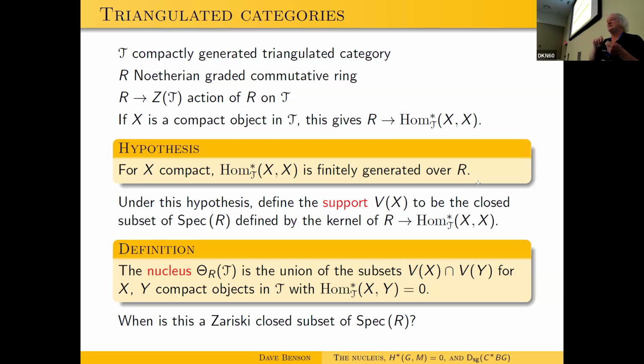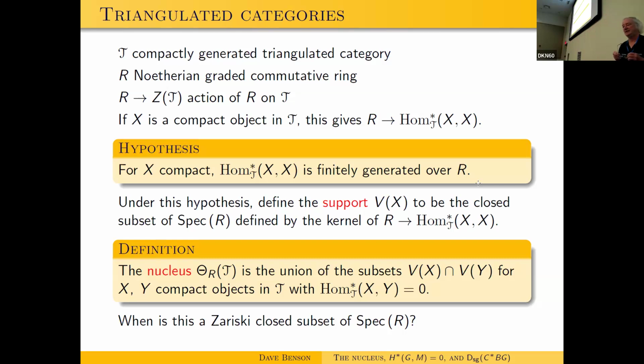So what this gives is for every compact object X, a map from R to Hom*(X,X). And you can just use the kernel of that as an ideal and define a support.